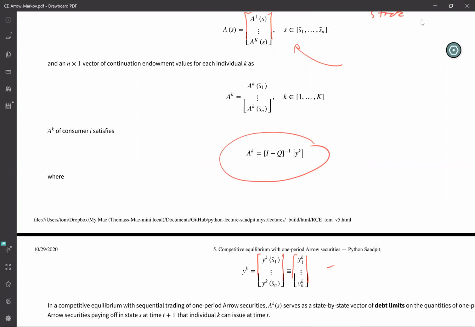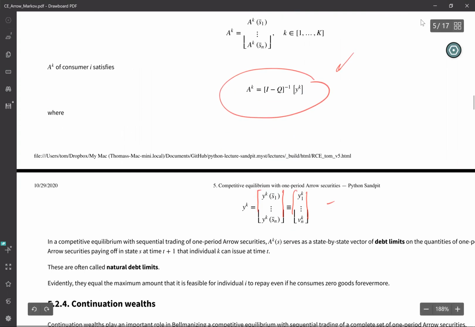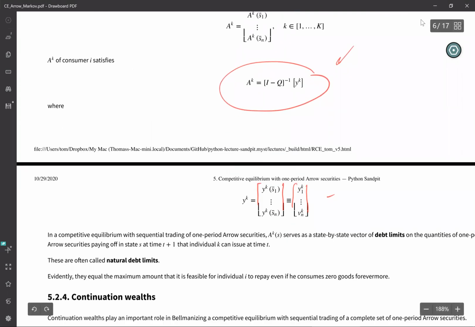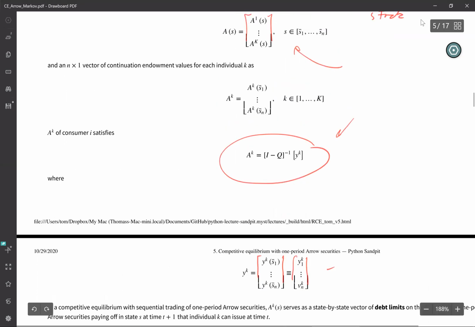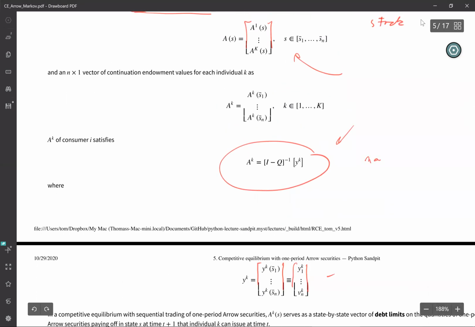So why am I doing this? It's because Arrow told me I had to do it. Arrow told me I had to do that. Because what are these things? These are the natural debt limits. This formula is our formula for the natural debt limits. It's the value of the person's endowment.